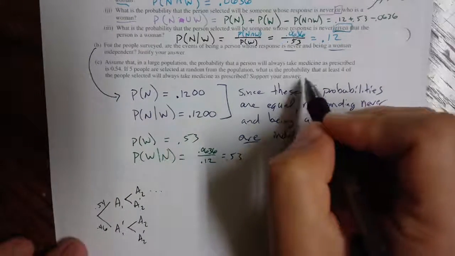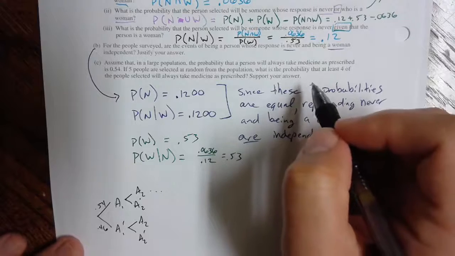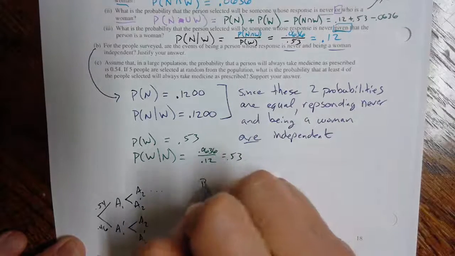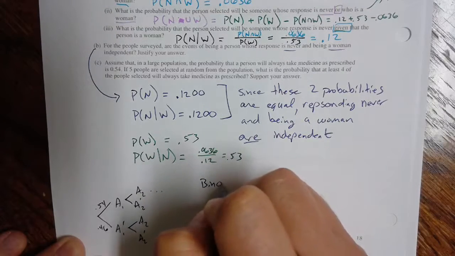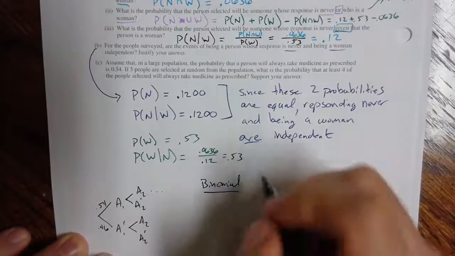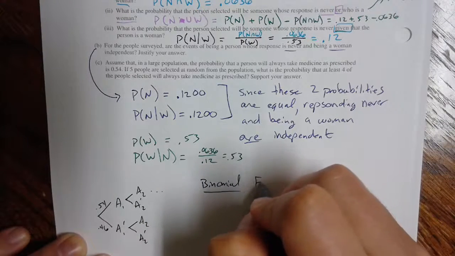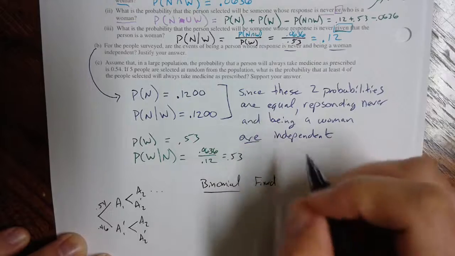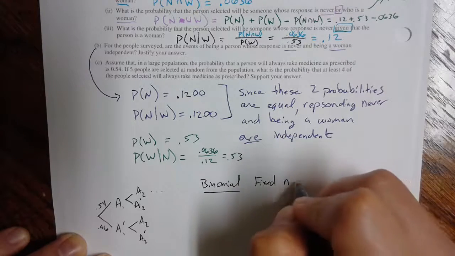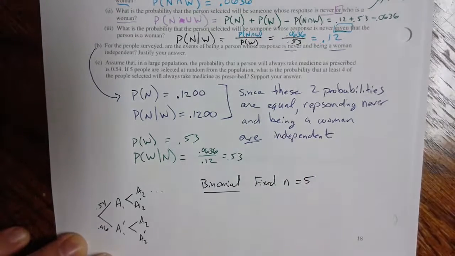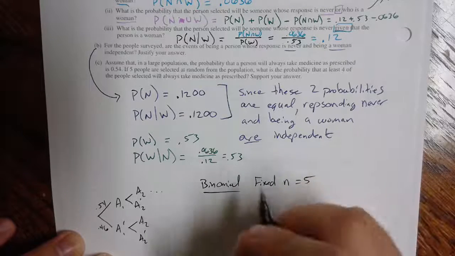So what's important to recognize here is that you do have a binomial situation, and the reason that it's binomial is for a couple of reasons. You've got a fixed number of trials. In this case, there are 5 people selected, so the fixed n is 5. You also have 2 options.